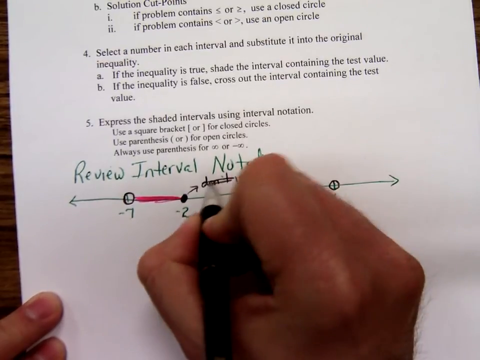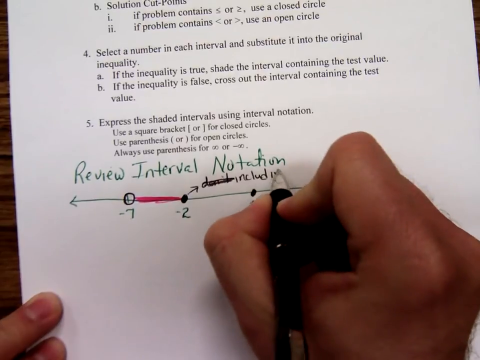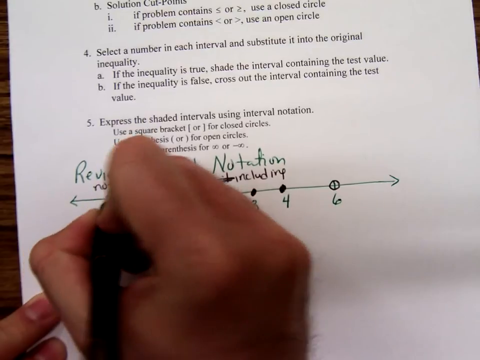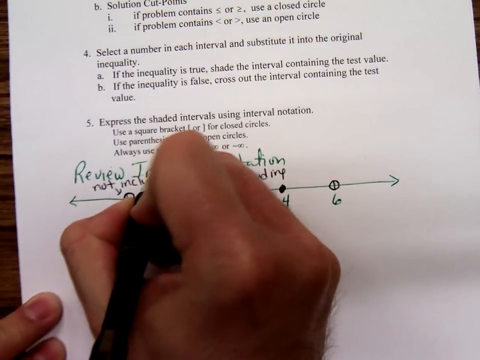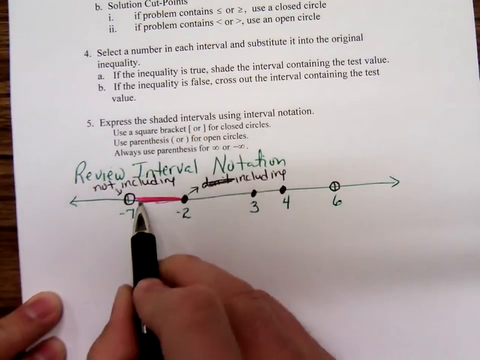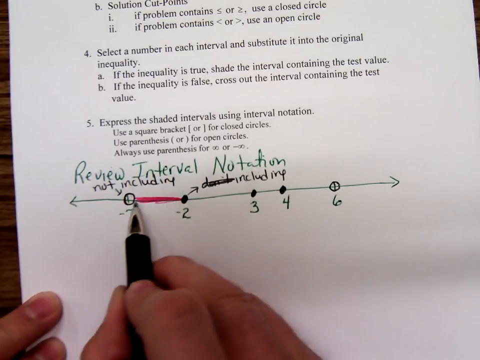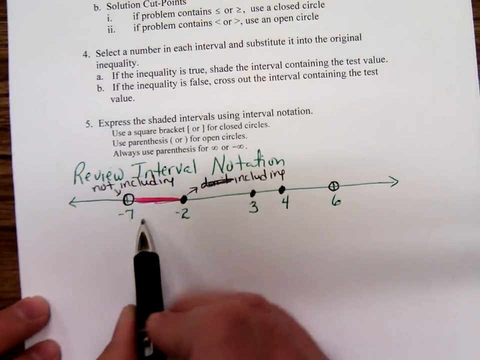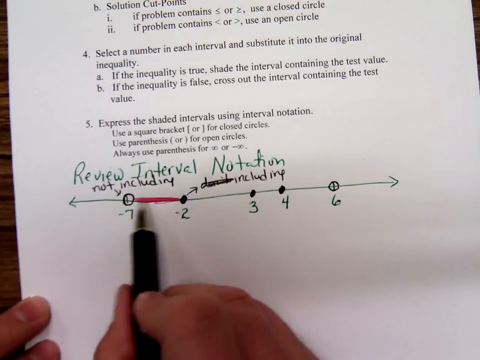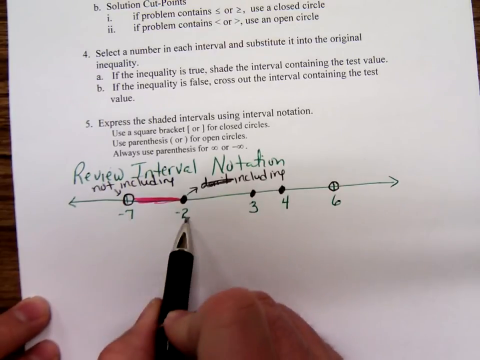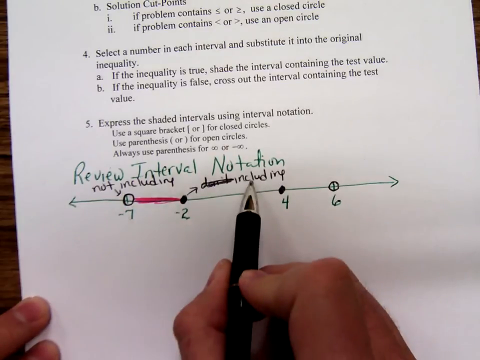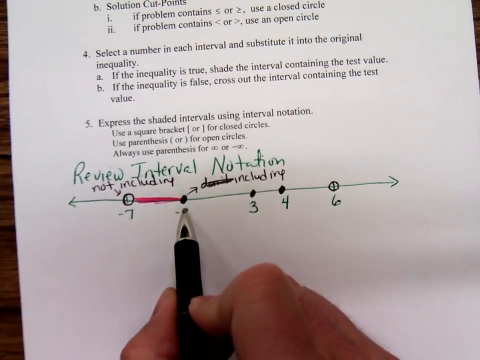The closed circle means including that number. The open circle means you're not including. This closed circle is shaded along with the pink. So that's all numbers between negative 7 and negative 2, not including negative 7, but including negative 2.